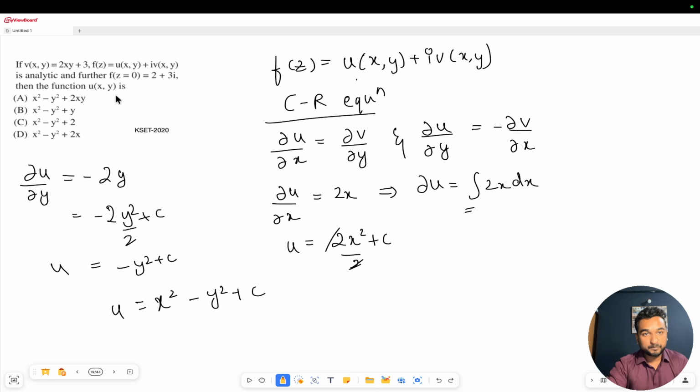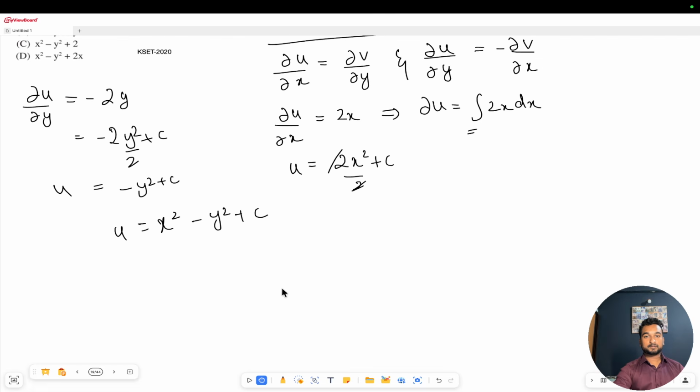But they have given a condition that f of 0 equals 2 plus 3 i. So if you put this u in the equation, what will be f of z? You already had v as 2xy plus 3.